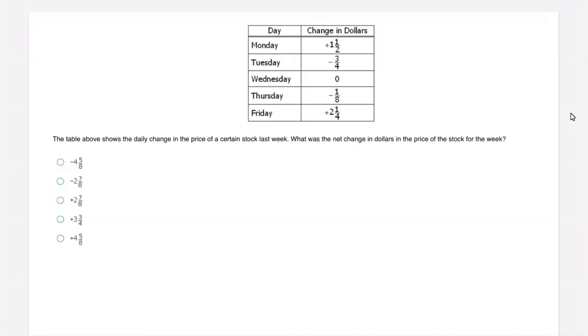The table above shows the daily change in the price of a certain stock last week. What was the net change in dollars in the price of the stock for the week? So generally, it's better to work in fractions, but here I preferred to work with decimals. So here is 1.5 minus 0.75, so 0.75 plus 0.